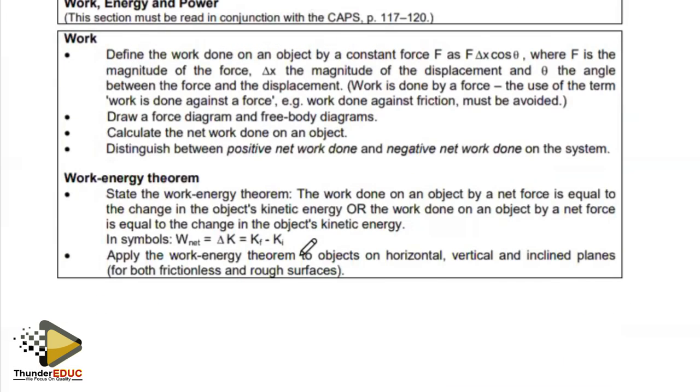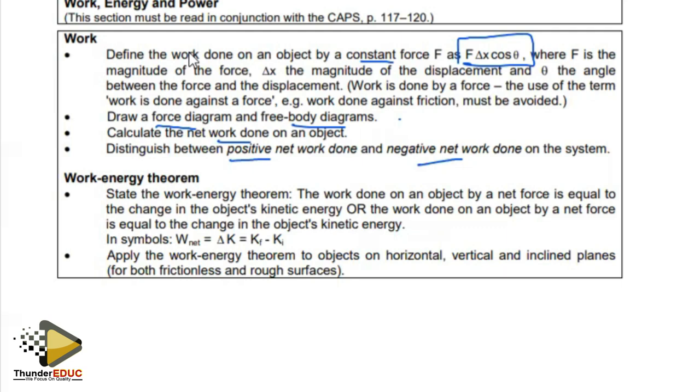Then we have the work, energy, and power. Define what work done is, and then the constant force and how it works. Then we need to be able to draw force diagrams and free body diagrams, usually on the incline. Calculate the net work done on an object, and distinguish between positive net work and negative net work.